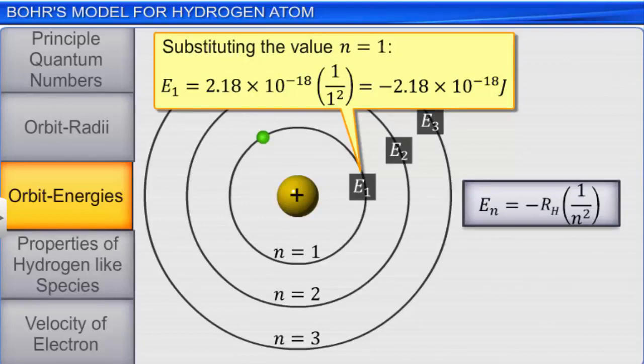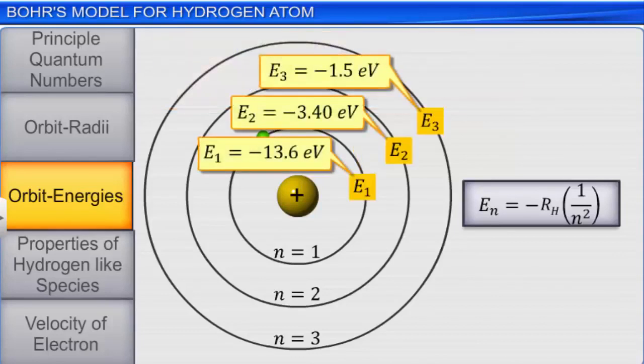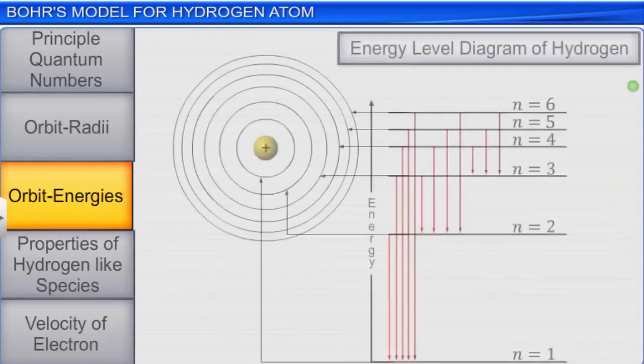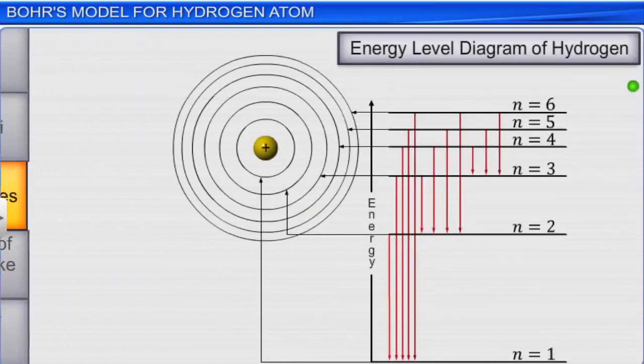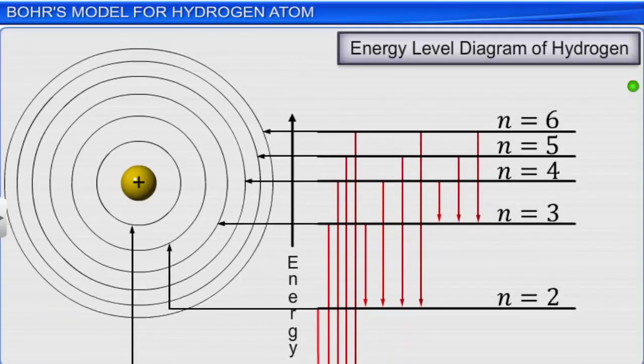The energies of excited states can be measured in the same way and represented in the form of an energy level diagram. Note that the energy of the stationary state, n equal to infinity, is 0. At this energy level, the electron is completely free from the influence of the nucleus.